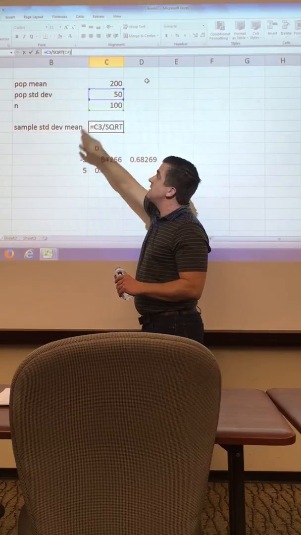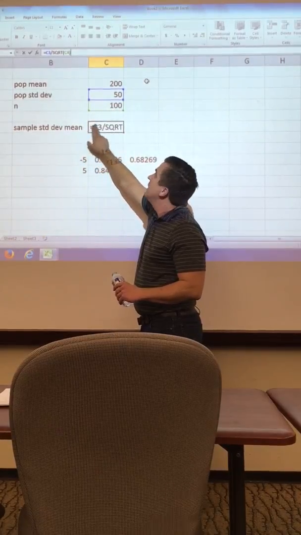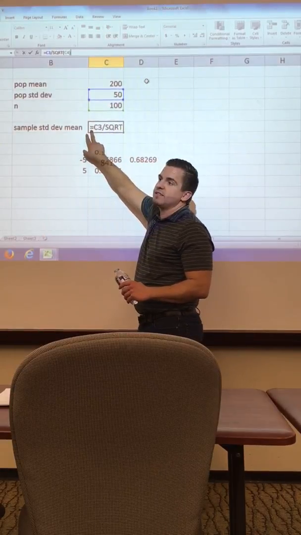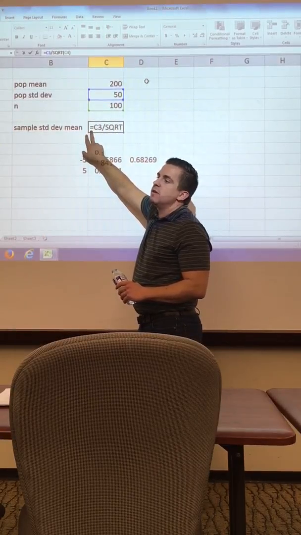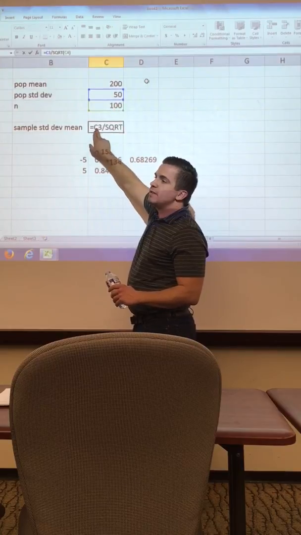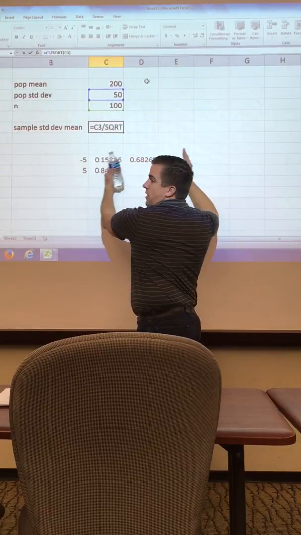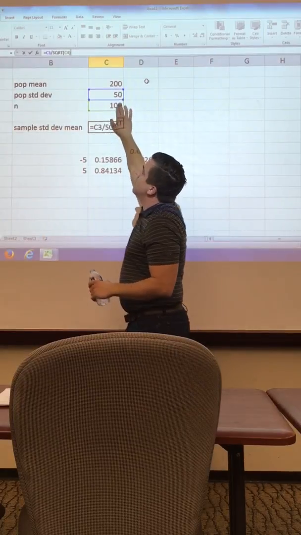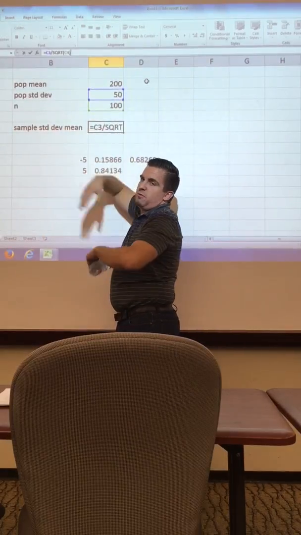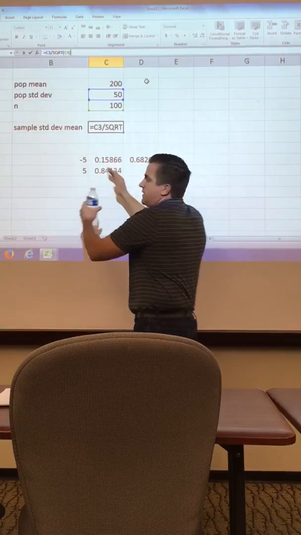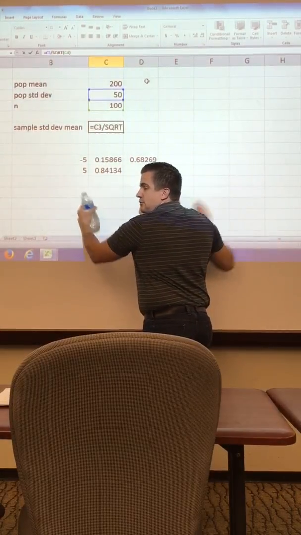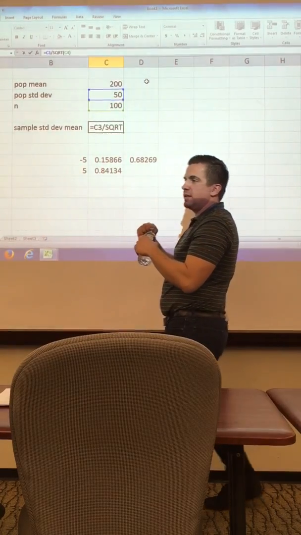So when we're estimating a population mean, the larger our sample is, the more accurate our mean estimate is going to be. The larger this number is, the lower this number is, and the narrower our distribution of possible outcomes is going to be. And the larger the population standard deviation, or the more variance in the population, the wider we stretch out our possible range of getting an accurate estimate.